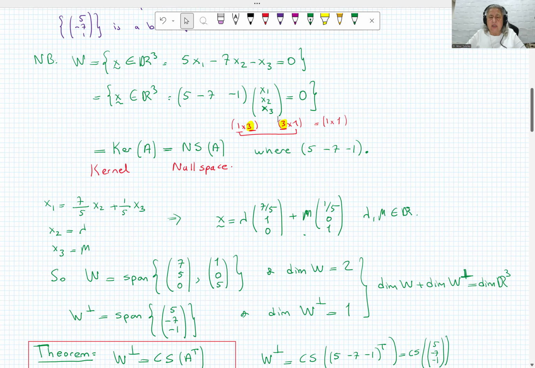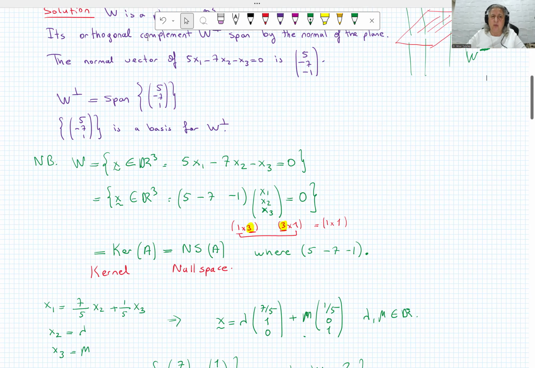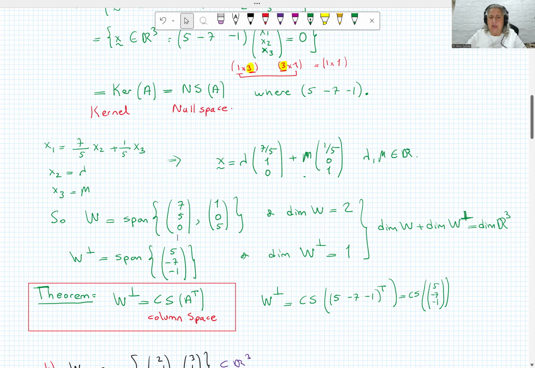We've also figured out the complement of W, spanned by the normal vector, and the dimension of the orthogonal complement is 1. The dimension 2 and the dimension 1 added together give the dimension of R3. Everything is consistent.